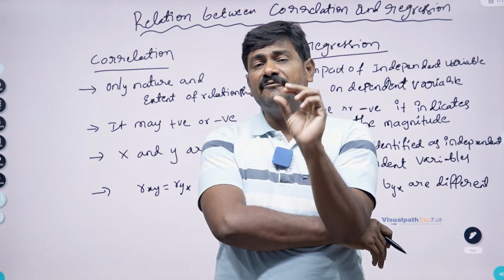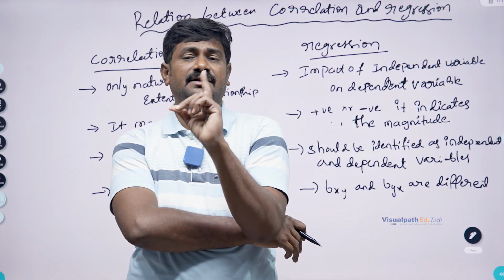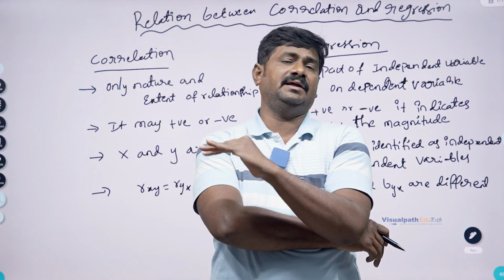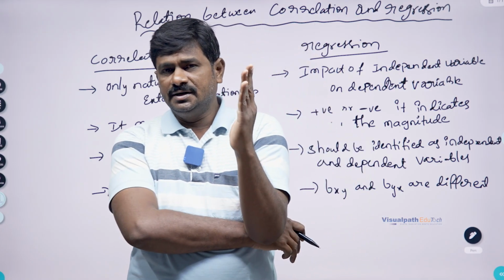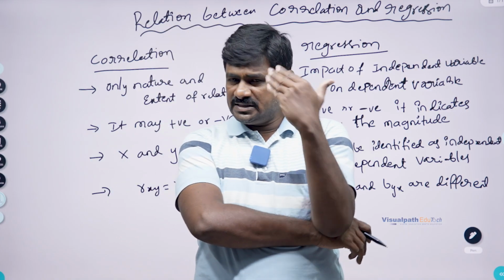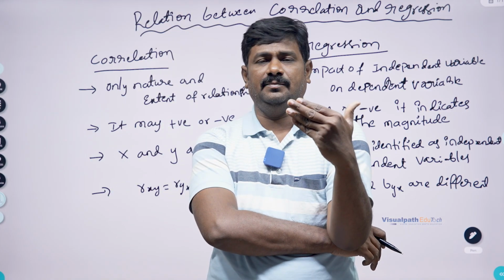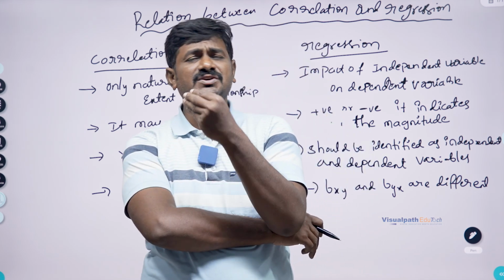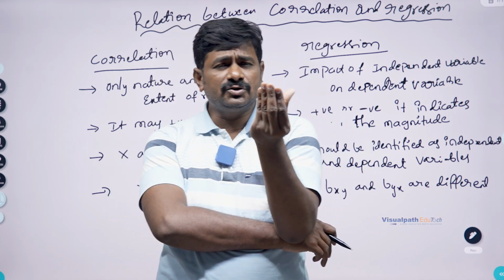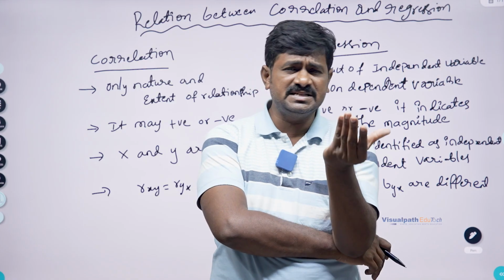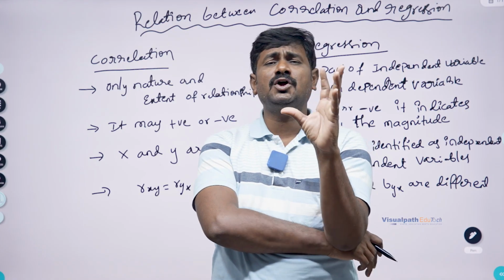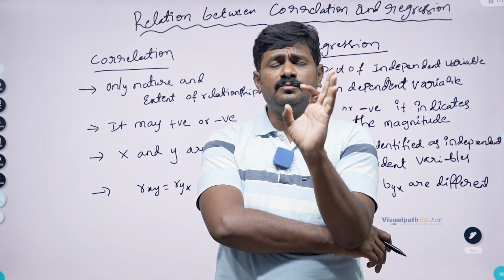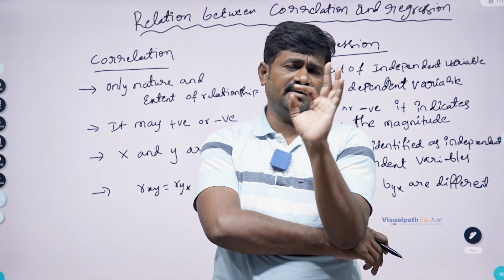In regression, we have to identify the independent variable and the dependent variable separately, because the dependent variable depends on the independent variable. If we take demand and price, in correlation we should not identify which one is independent or which one is dependent. We can only identify whether both are related or not from the correlation.